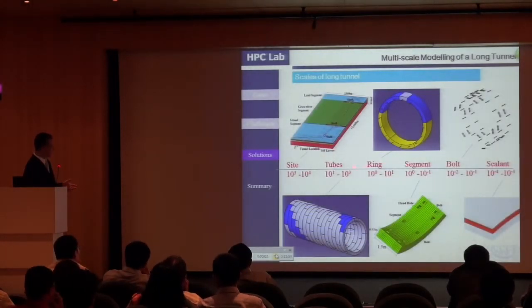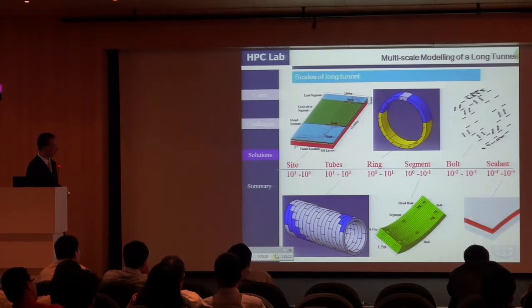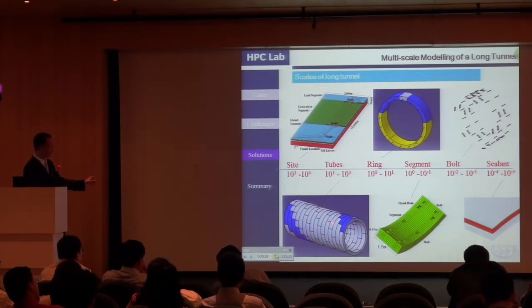For the scale I had mentioned before, from the site to the details of the sealant, this figure shows the hillsides. This figure shows the part of the tunnel at this scale, and this figure shows the assemblage ring of the tunnel.